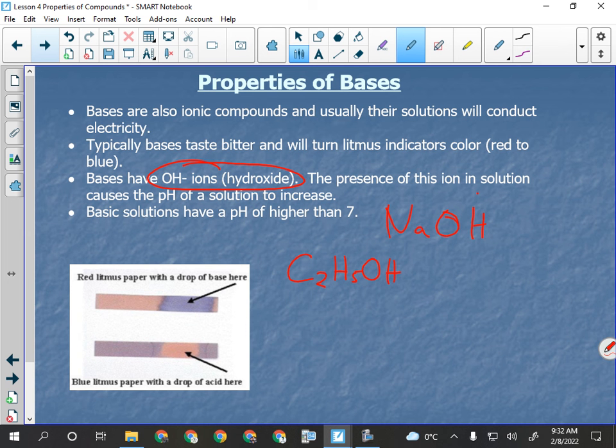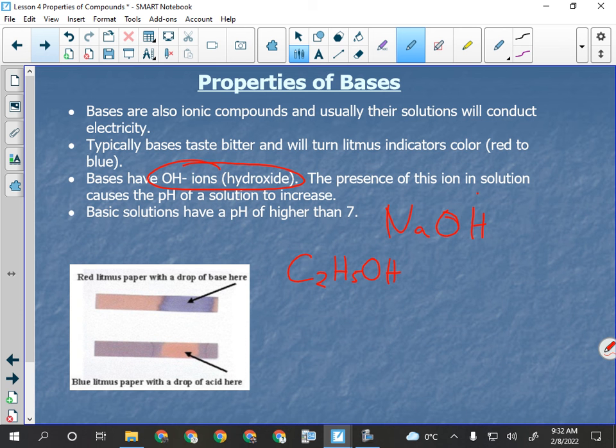No, because it's what kind of compound? It's molecular. Even though it has OH in it, it actually doesn't have hydroxide per se in it, because when this dissolves in solution, it doesn't break up. So it doesn't release this OH. It may contain it, but it doesn't release it, which means it doesn't make the solution more basic.